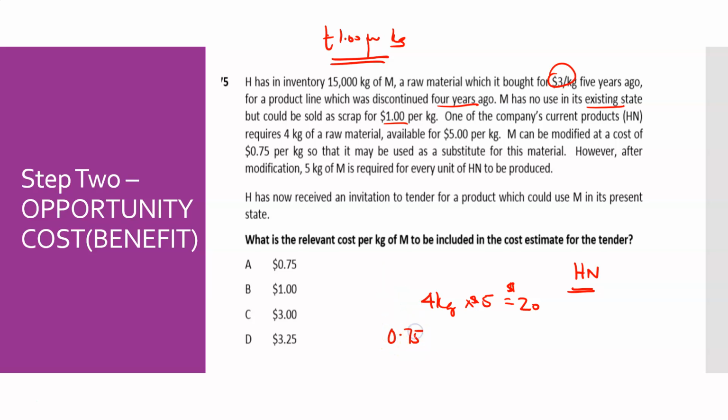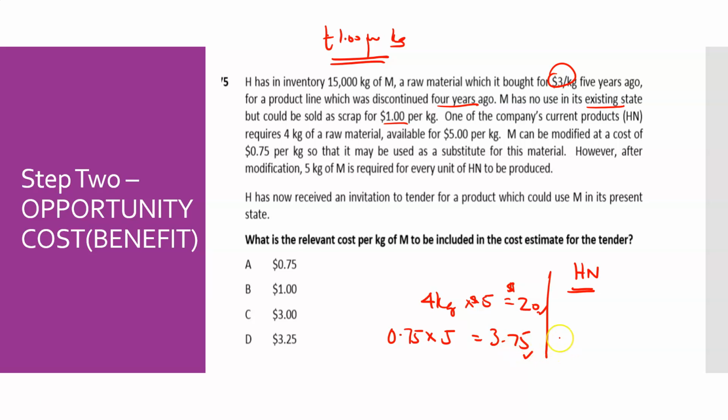So do some work with M, spend 0.75, but you would need 5 kilograms of M. So to get this unit of HN up and running, you would need 0.75 times 5, which is 3.75. So to make a unit of HN, your options are to spend £20, or to do this modification at £3.75.